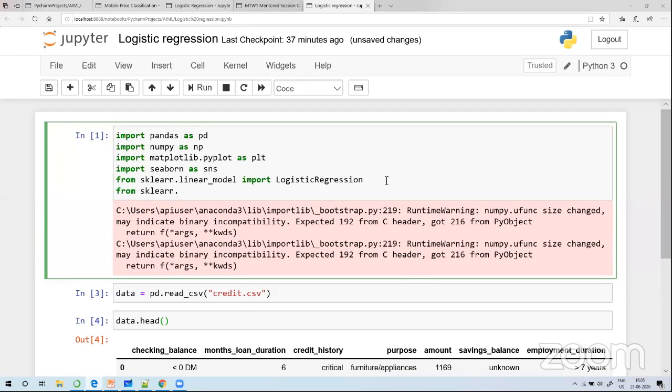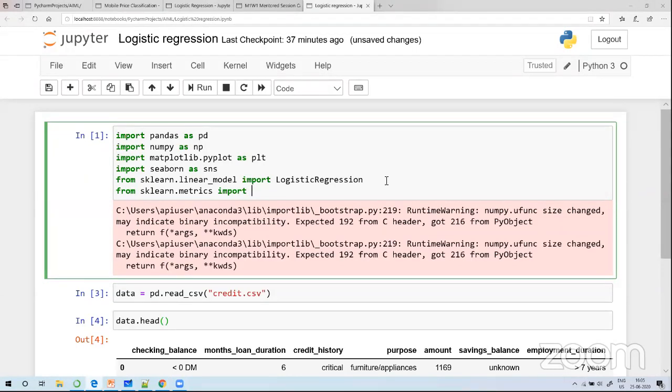Now, we built a logistic regression model. We need to assess, we need to test how good the logistic regression model is. So we need some performance metrics for that. Yesterday, for linear regression, we used performance metrics like mean absolute error, mean squared error.